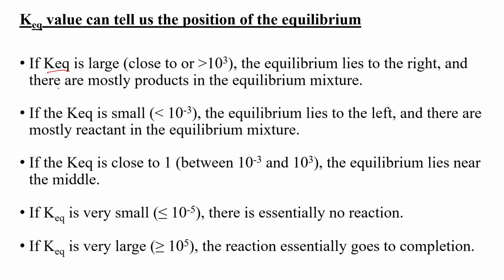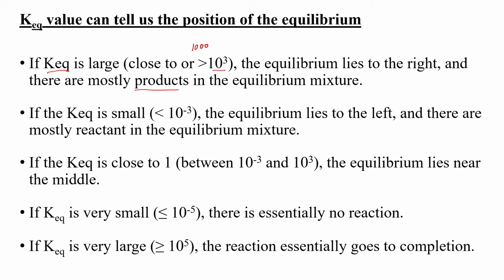But this K equilibrium can also help us determine the position of the equilibrium. So if this K equilibrium is large, which is close to or greater than 10 to the 3, 10 to the 3 is simply 1,000. So if it is close to or greater than 1,000, the equilibrium lies to the right, and there are mostly products in the reaction mixture.